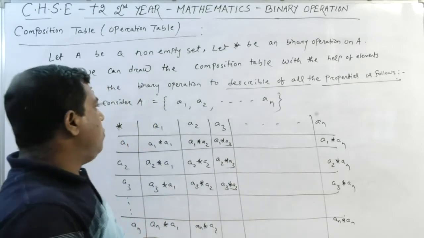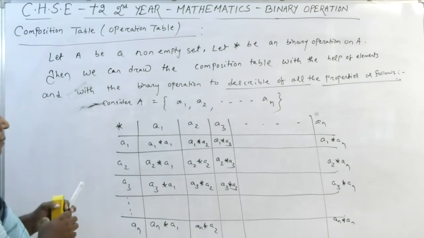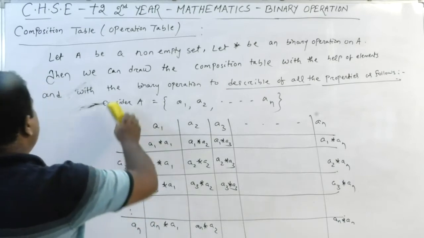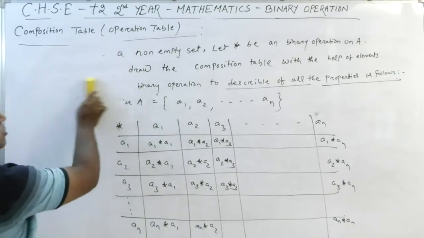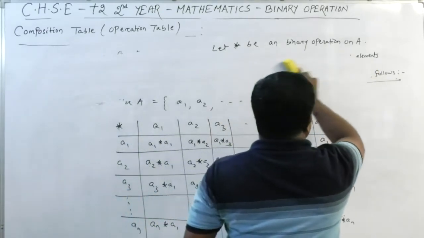The following observations I am writing one by one. Let this table be here. I am clearing this one. So what observations do we find?